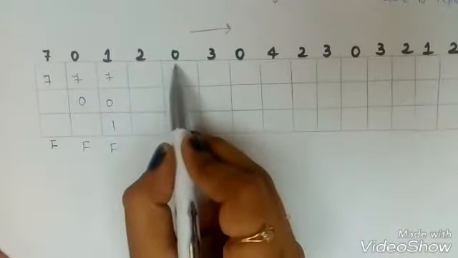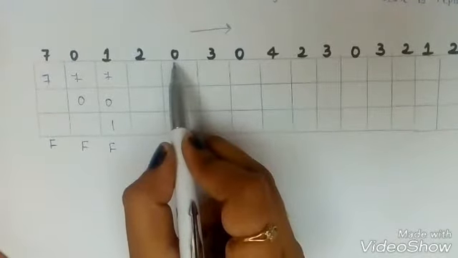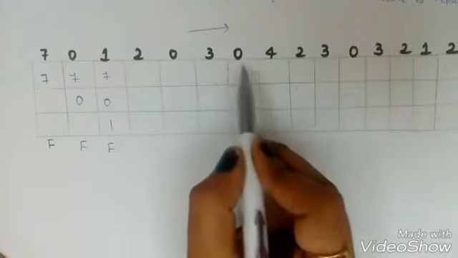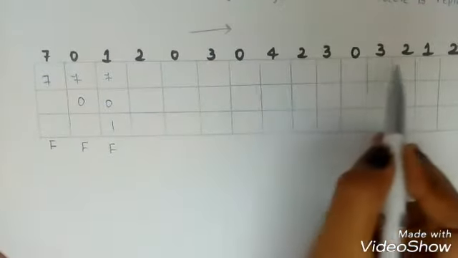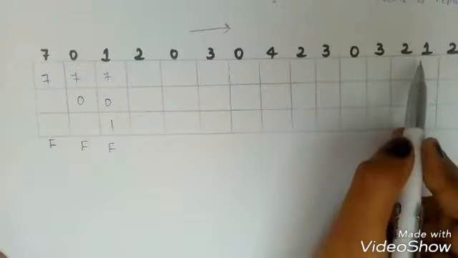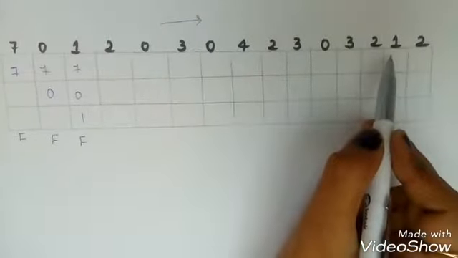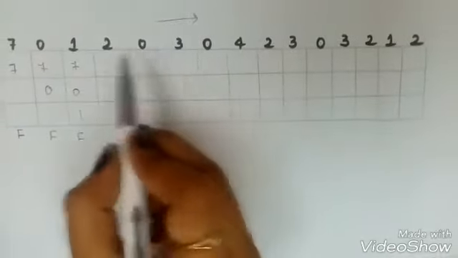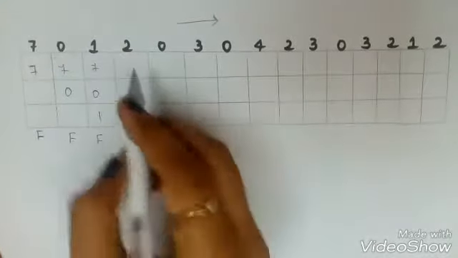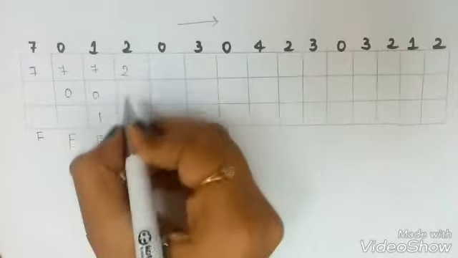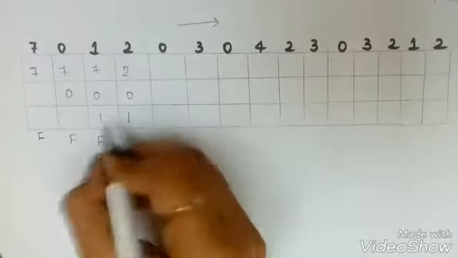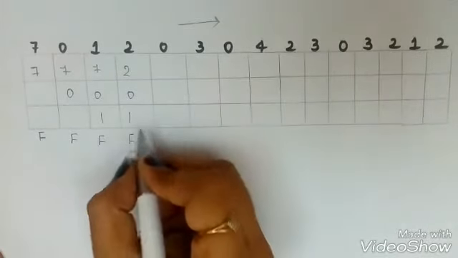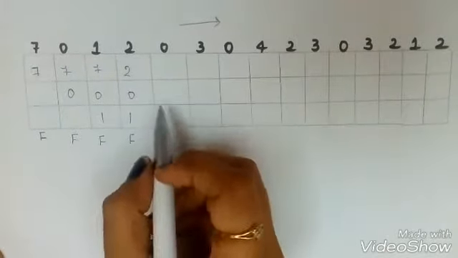Since 0 occurs in the next position, we must not replace 2 with 0. And we have to check for 7 and 1. And 1 is the reference string which occurs last. But 7 is a reference string which does not occur at all. So we have to replace 2 with 7. And we have to write the remaining things as it is. And we have to put a page fault here because 2 is new to the main memory.